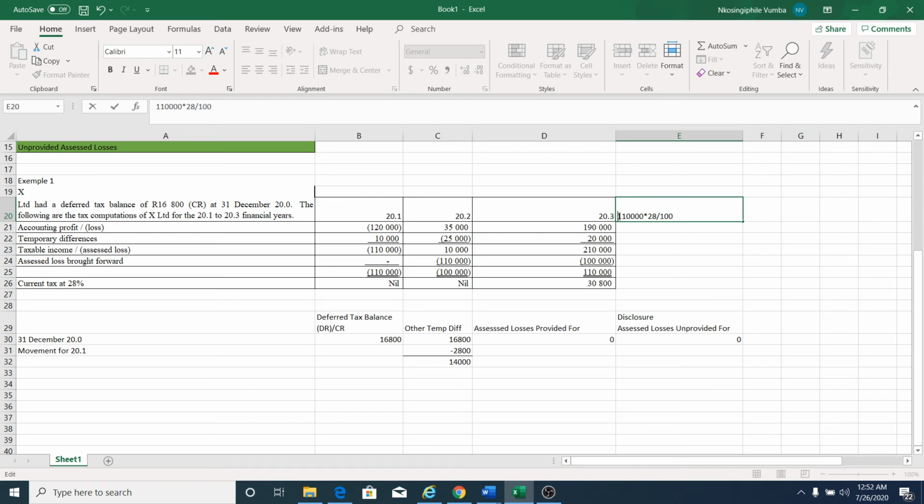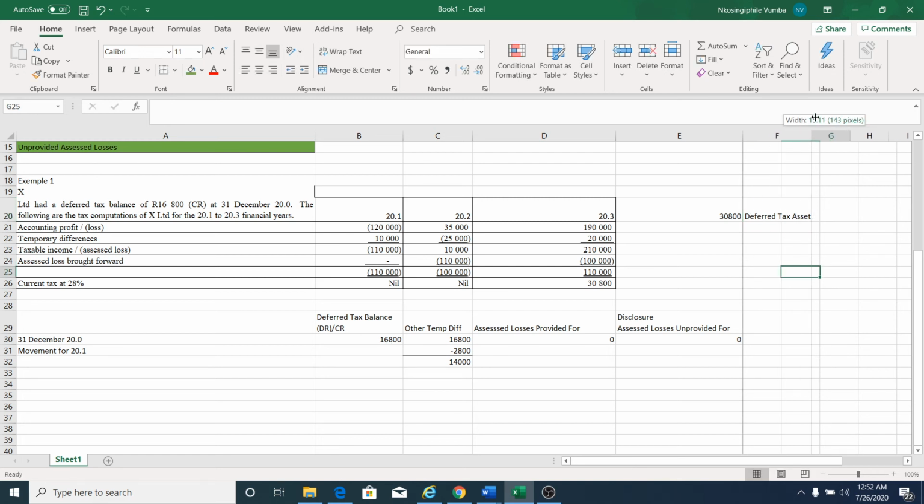This gives you 30,800. That assessed loss is a deferred tax asset. Remember, it is only recognized to the extent that there are future profits or to the extent of deferred tax liability.